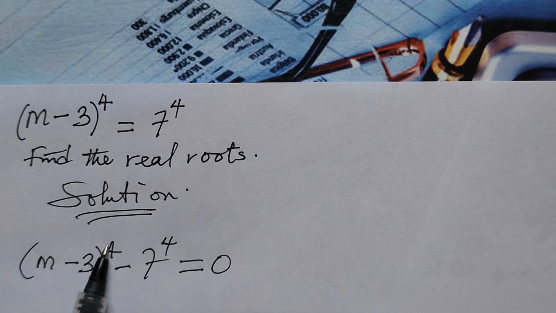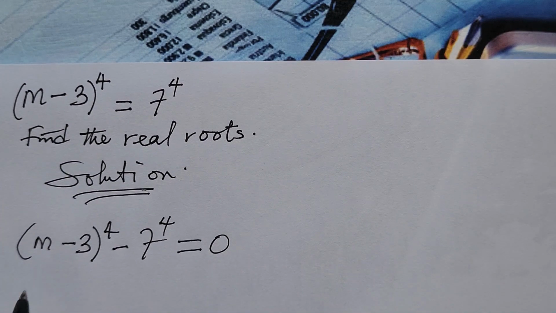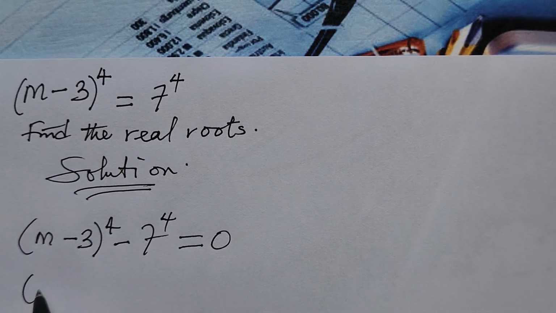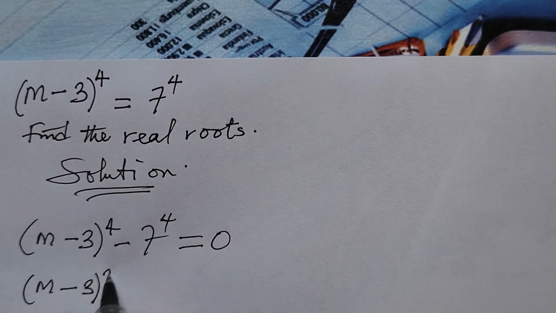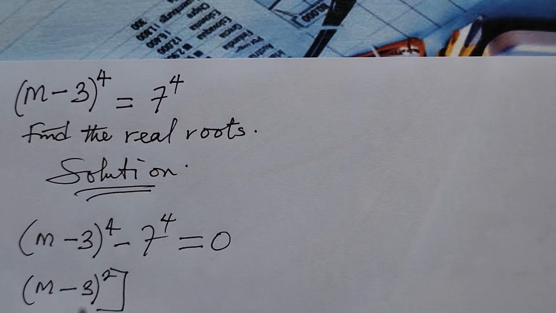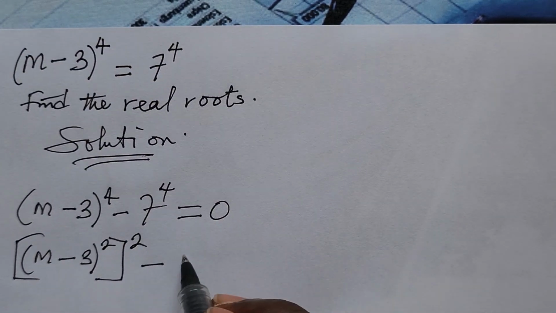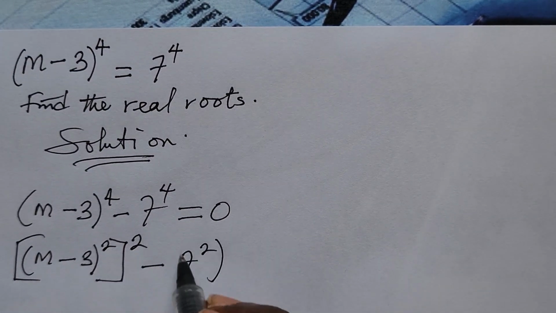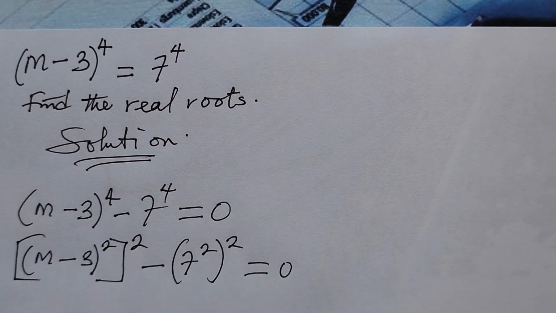We want to rewrite this exponent to enable us to invoke the difference of two squares. So we write this as [(m − 3)^2]^2 − [7^2]^2 = 0.